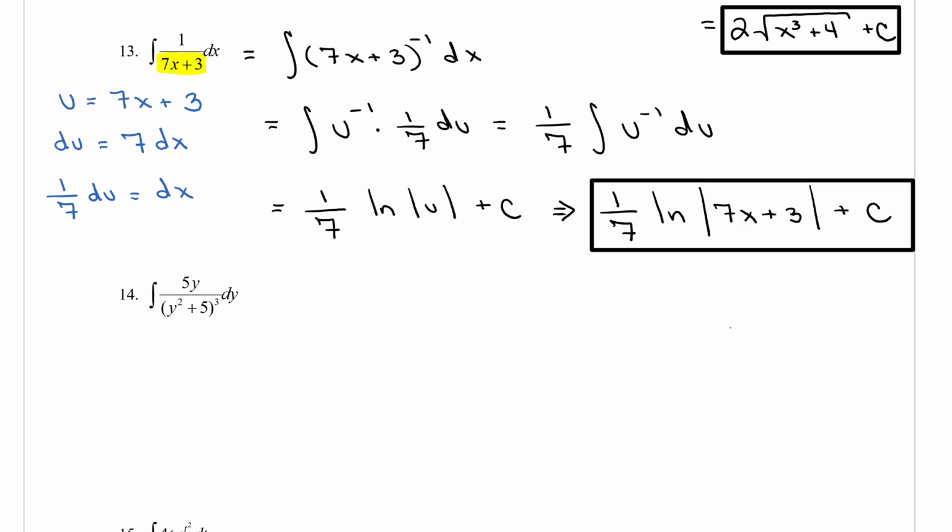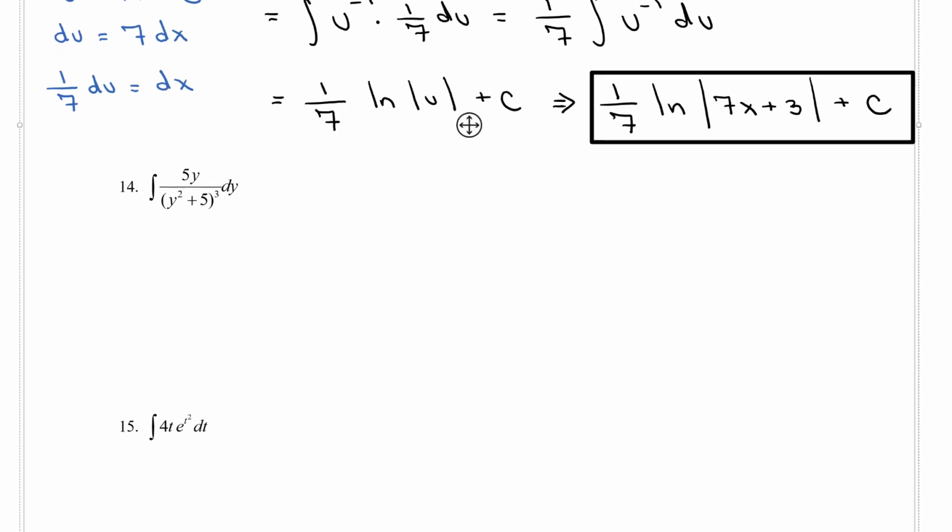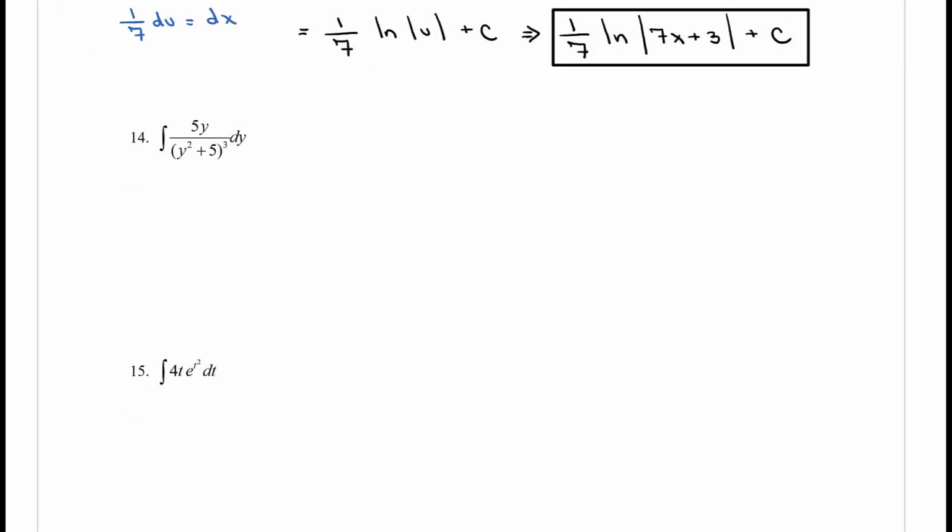Number 14, the integral of 5y over the quantity y squared plus 5 all raised to the 3rd power dy. So this is going to be equal to the integral of 5y times the quantity, I'm going to open up a set of parentheses here, y squared plus 5, and then we're going to close the parentheses and raise this to the negative 3 power dy.